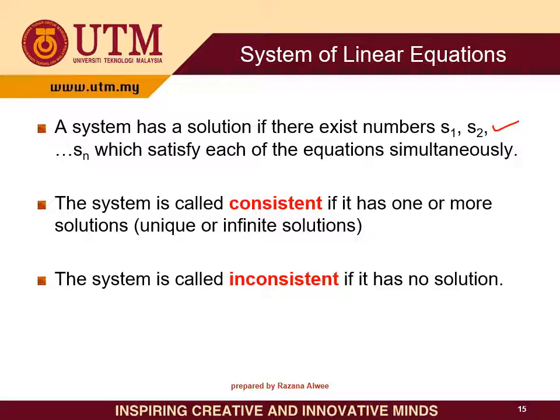The system is called consistent if it has one or more solutions. If one, we call it unique. If more, we call it infinite solutions. The system is called inconsistent if it has no solution. So we have three options here. Unique and infinite are both consistent, and no solution is inconsistent.